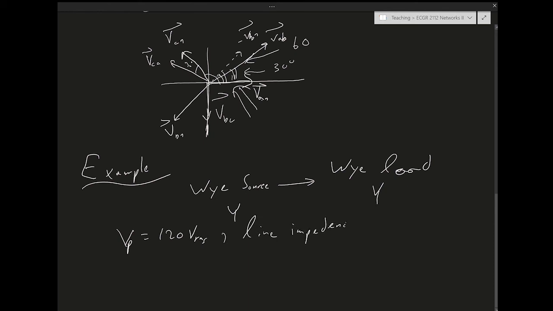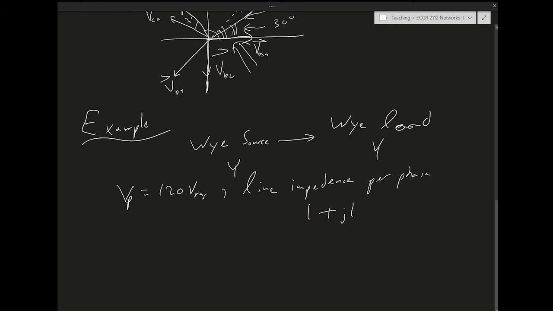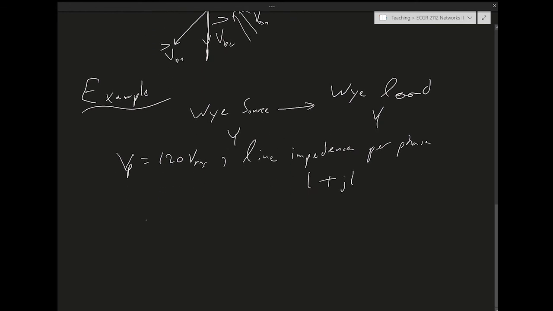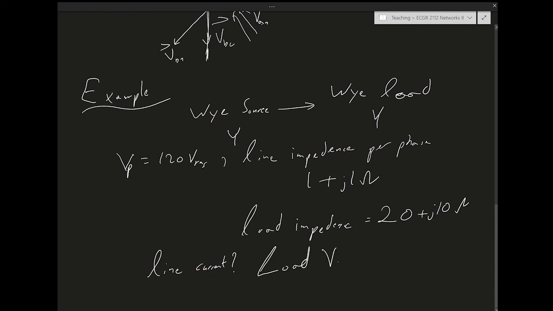There's a line impedance between the source and the load per phase of 1 plus J1, and the load impedance at the end, after the line ends, is 20 plus J10 ohms. So the question is, what is the line current and load voltage?